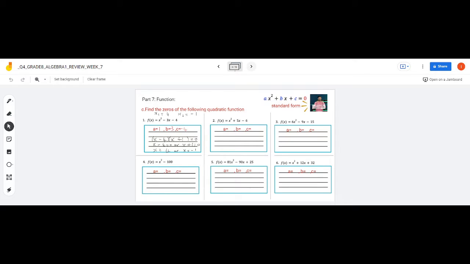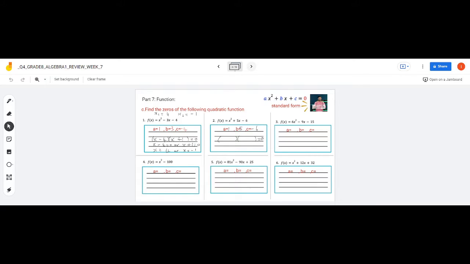So make sure that it's in standard form, and we can see that this function is in fact in standard form. So we can identify our a, which is 1, our b, which is 5, and our c, which is -6. We open up our bracket, put it equal to 0, use our calculator, mode, then 5, and then number 3 for equation.